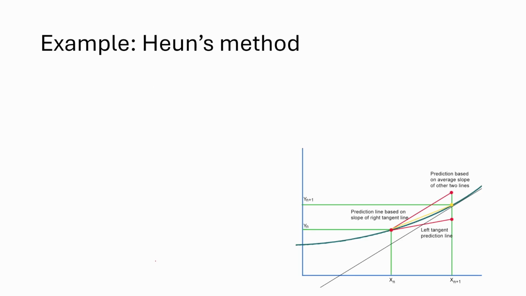I stole this image directly from Wikipedia. It's great. Why wouldn't I, kind of? And you have to be aware that there's more than one way to take a numerical derivative. Heun's method is this particular kind of predictor-corrector method. So you do your Euler step, you do your linear extrapolation, you're like, here's what I think the next value is.